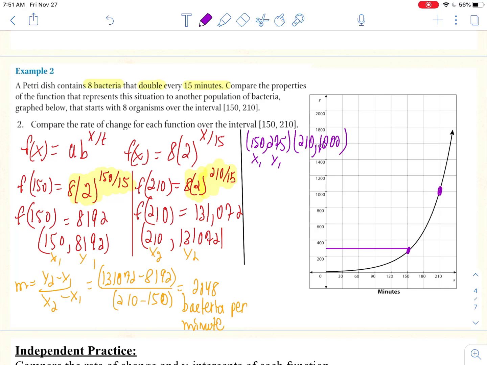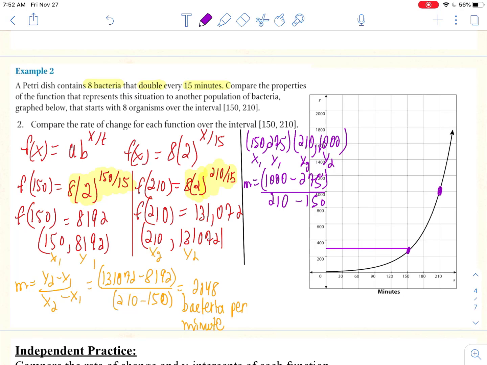We're going to go ahead and substitute these values into my slope formula, but before we do that, let's identify x1, y1, x2, y2. We're going to take y2 minus y1, 1,000 minus 275 over 210 minus 150.